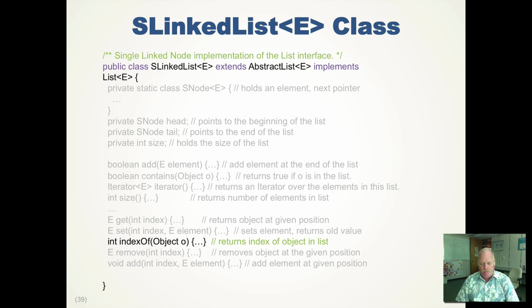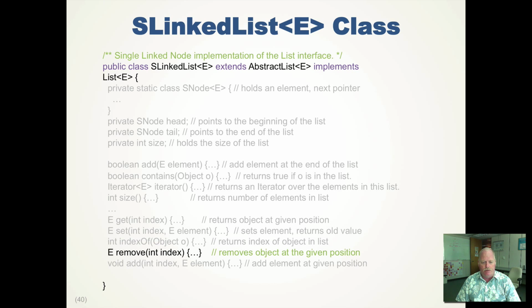Index of: start at the head, count how many nexts we call until we find it, and return that number. Big O of n operation. Remove: again, we traverse, check the index, traverse the right number of times, index minus one times, and then we just update the pointers, which will skip over the node that we're getting to.